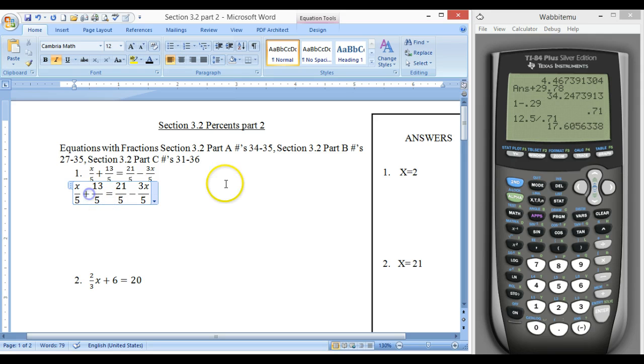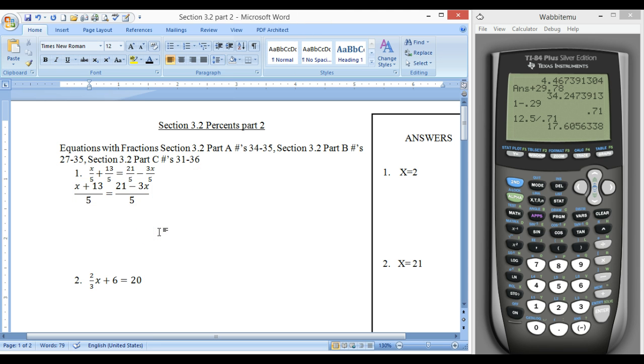In combining these fractions, because they're the common denominator, I'm going to come over here, and up on the top, all I do is add my numerators. So it's x plus 13 over 5. Same thing over here, except that it'll just be a minus 3x on the top. I'm just moving my arrow buttons to maneuver through this equation.